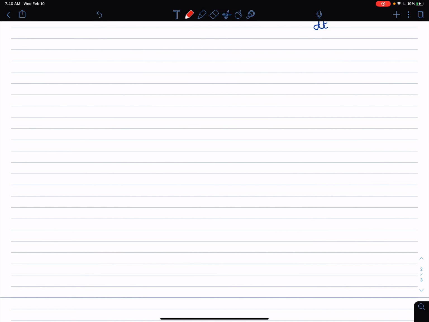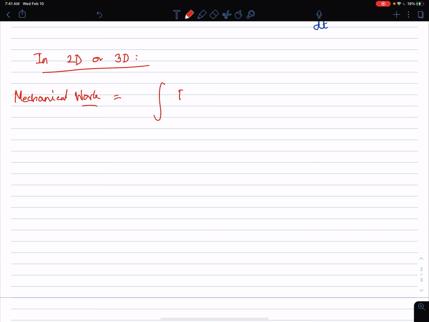In 2D/3D, work is defined in this manner: mechanical work is defined as integral F dot v dt. Okay. Sometimes it can be written as F dot dx. Okay, where again this is power.